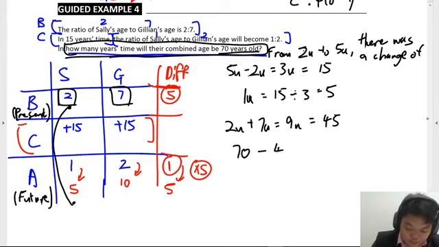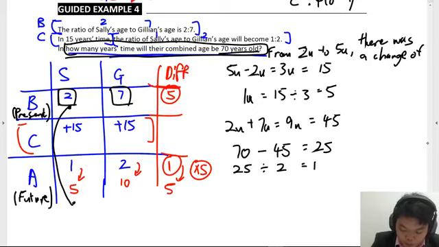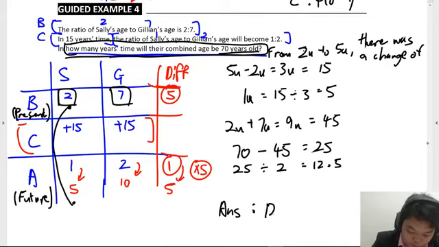We are short of 25 years. So this 25 years is split between both of them equally. So we have to take this and divide it by 2. So this will give us 12.5. So the answer here will be 12.5 years.